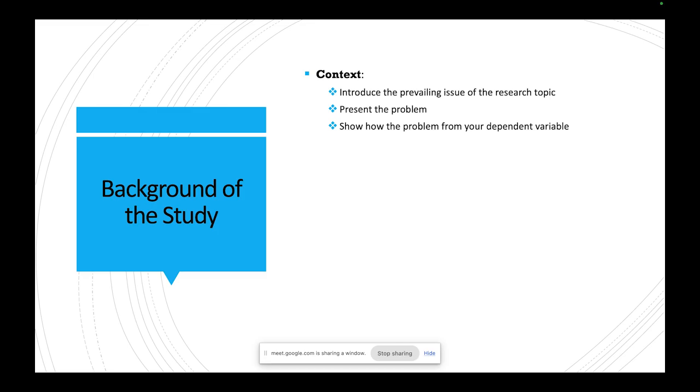Knowing that will help you to show the problem of your study from that dependent variable, because it's like saying the dependent variable is relying on the independent variable to be able to have an effect, or to make sense, or to make meaning. So whereas the dependent variable is having a problem or issues, it means that the independent variable needs to be used to deal with that issue.